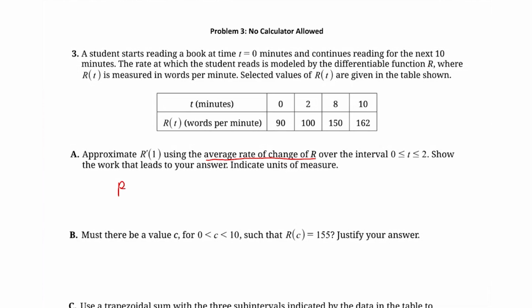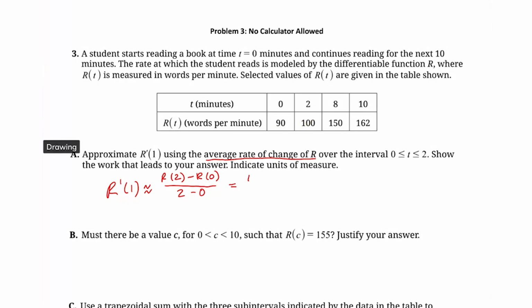So r prime 1, the slope of this function, is approximately, using r of 2 and r of 0, r of 2 minus r of 0 over 2 minus 0. That's your setup. Then we're going to use the table to identify r of 2 and r of 0, which is going to be 190 respectively.